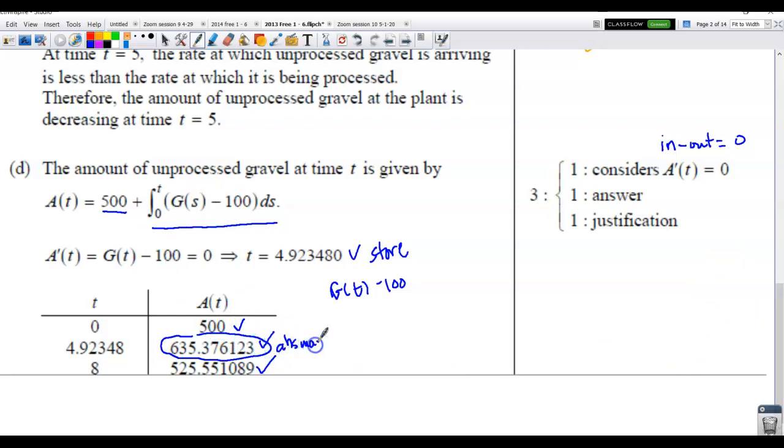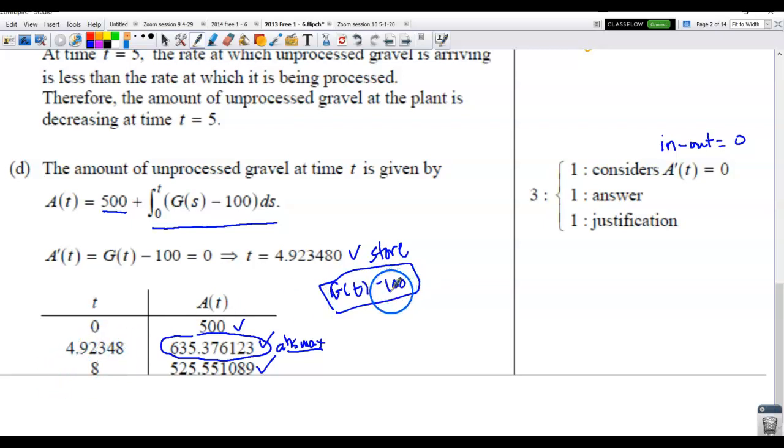Absolute maximum. So you would be able to determine from looking at the graph that from 0 to 4.92348, the total derivative is positive, therefore the total amount is increasing.